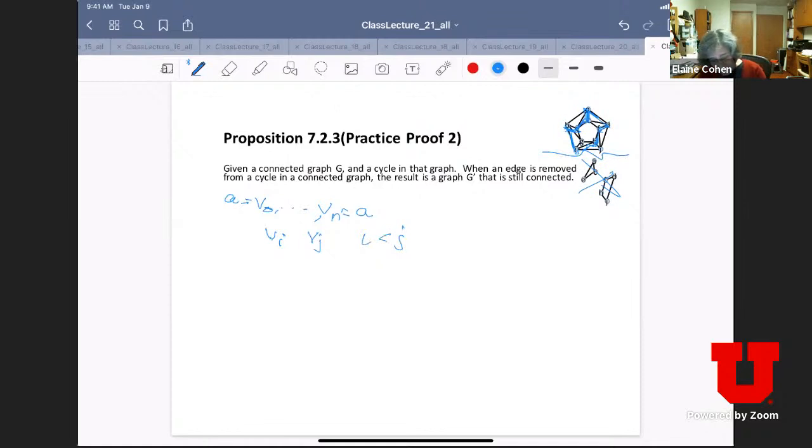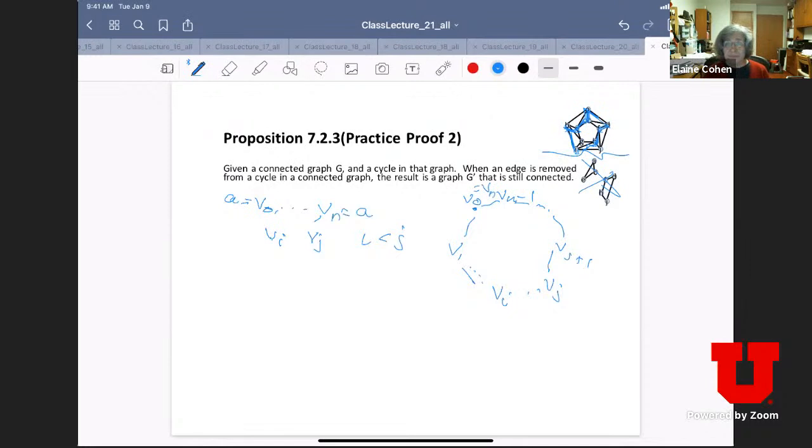So what I have is a loop that starts at V0, goes there, dot, dot, dot, and we have Vi, dot, dot, dot, Vj, and then we go up to Vj plus 1, through Vn minus 1, V0, that's Vn.